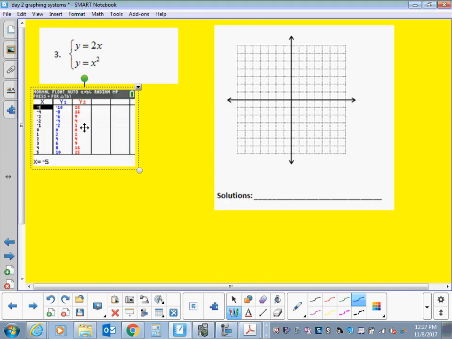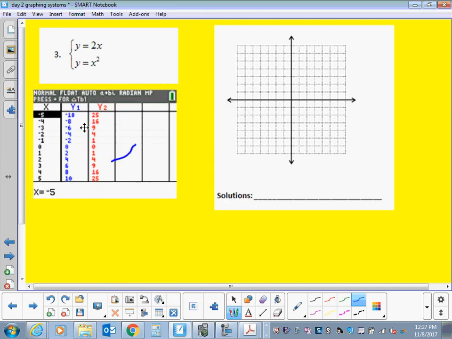Do you guys see how you have 3 columns here? What this means is x is the same for y1 and for y2. That's my first equation that I put in. For y2, it's the same x, it's just I'm looking at that column for that line. Does that make sense? If that confuses you, just put them in one at a time.